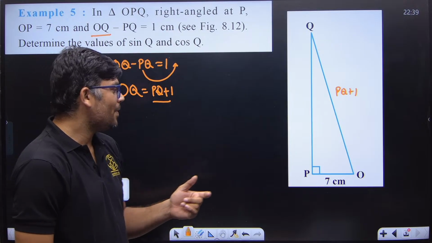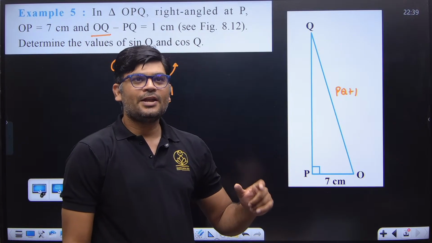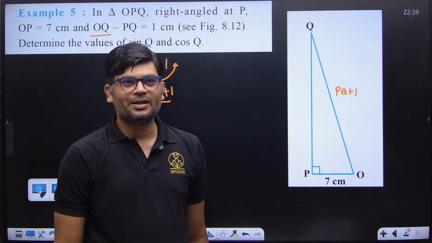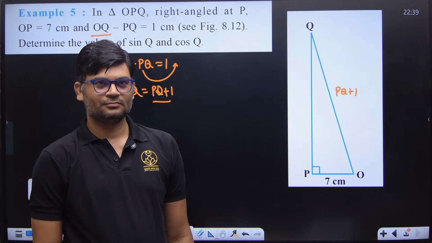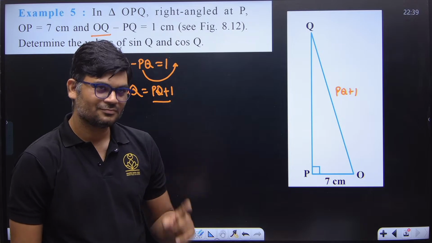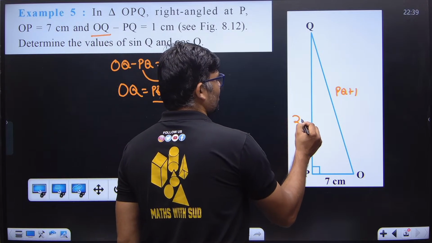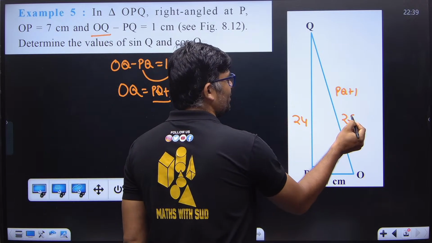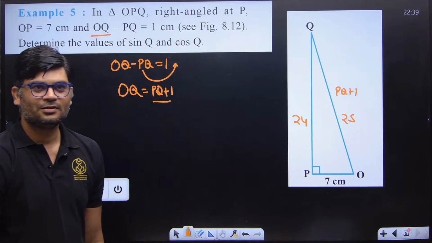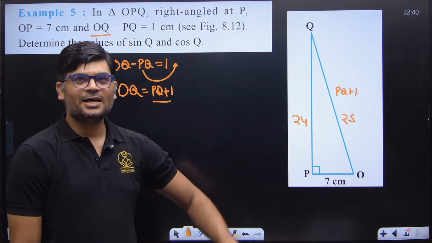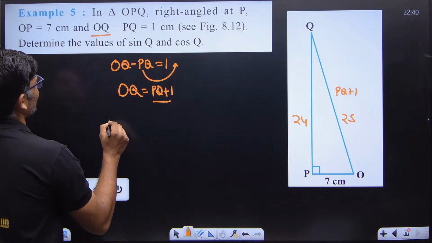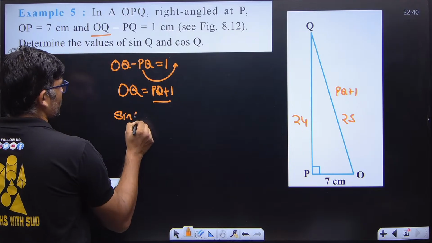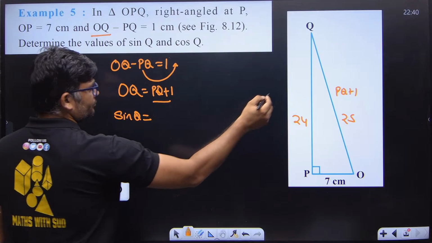And if you remember the Pythagorean triplet with 7, can you tell me what it is? It's 7, 24, 25. Can you see the difference between 25 and 24 is also 1? So the two sides are 25 and 24. Now can you tell me what is sin Q?